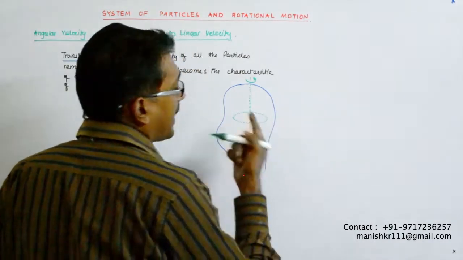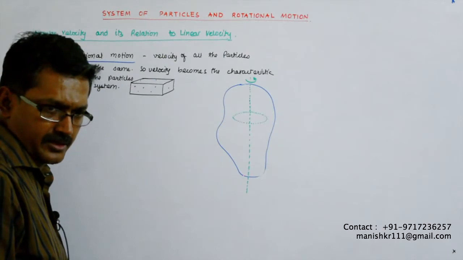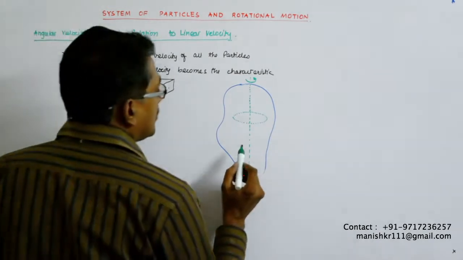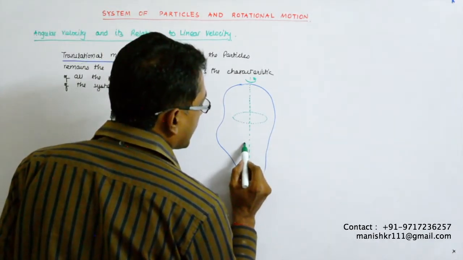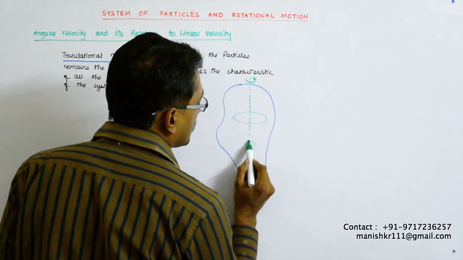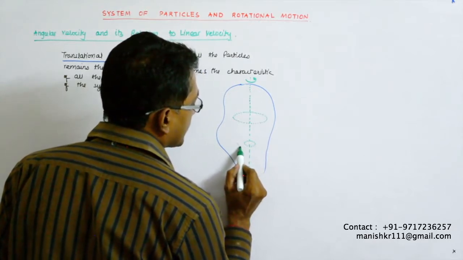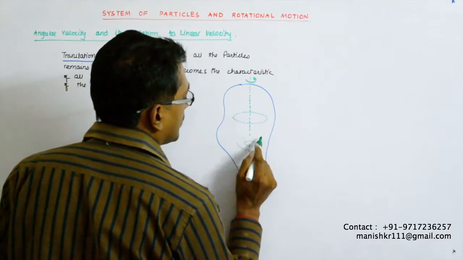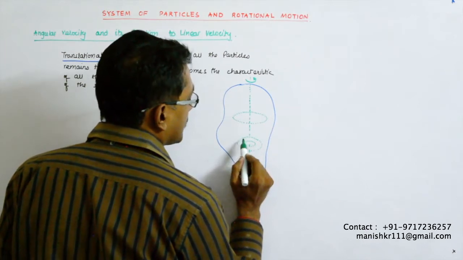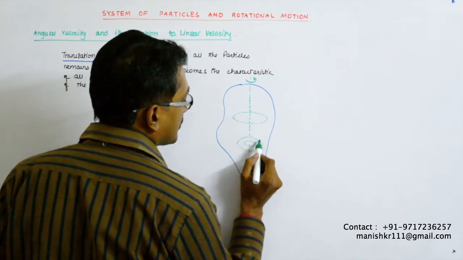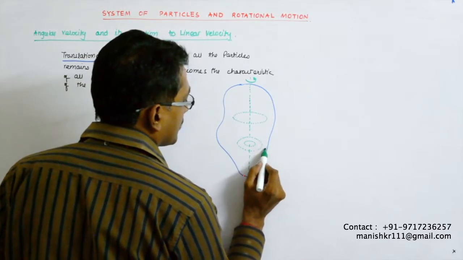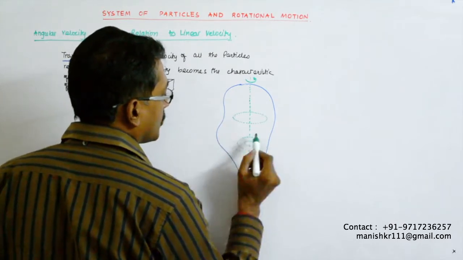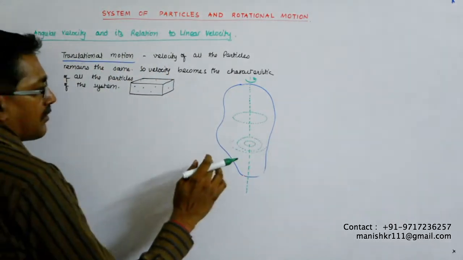And it is true for all the particles, not only this particle, correct? Now, I come here, so a particle A kind of goes like that, and a particle B sort of goes like that, and say another particle C goes like that.